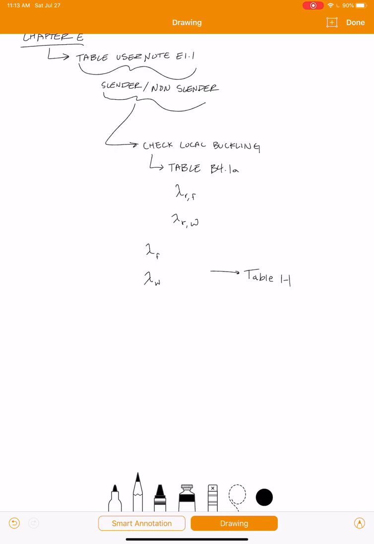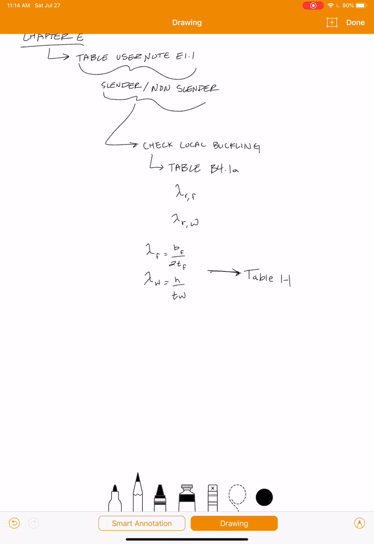But again, if you don't want to pull those off the table, then lambda f is going to equal bf over 2tf, and lambda w is going to be h over tw. But again, you can just pull those values from table 1-1.